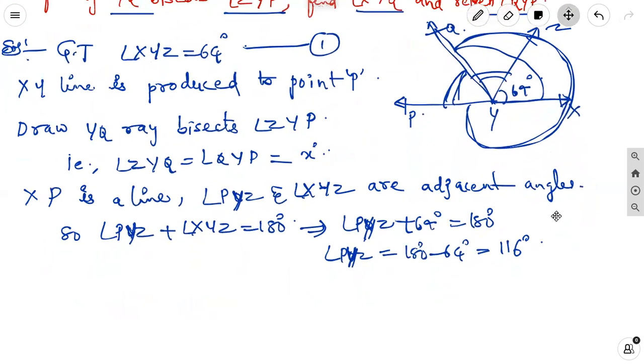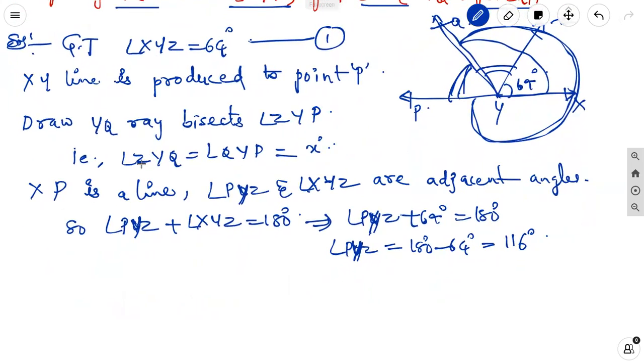Here, PYZ can be written as angle PYQ plus angle QYZ. We are taking angle QYZ or ZYQ and angle PYQ or QYP, both will be x degrees.